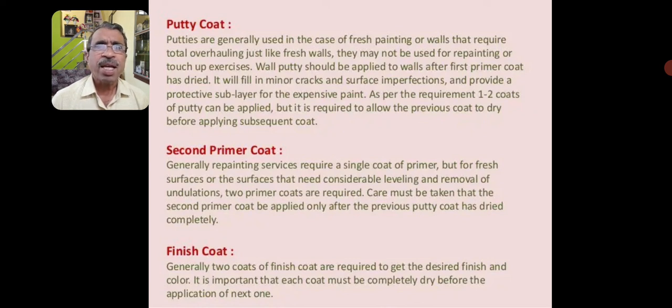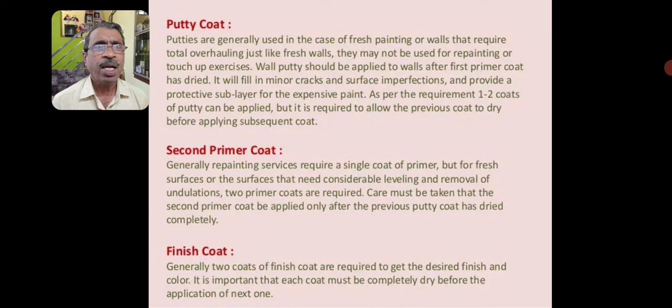The second is a primer coat. Generally, repainting services require a single coat of primer, but for fresh surfaces or surfaces that need considerable leveling and removal of undulations, 2 primer coats are required.